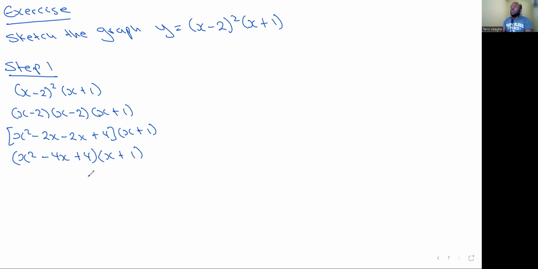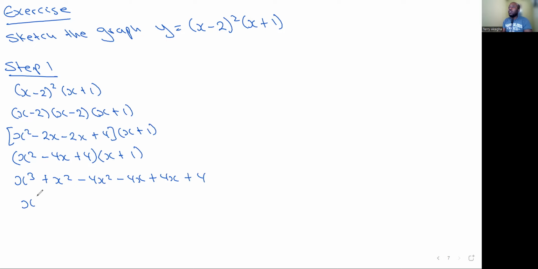All right? So the next thing, we're going to do x squared times x will now give you what? X cubed. X squared times 1 will give you plus x squared. Then we now have minus 4 times x will give you minus 4x squared. Minus 4 times 1 will give you minus 4x. Then we have 4 times x will give you plus 4x, and 4 times 1 will give you plus 4.